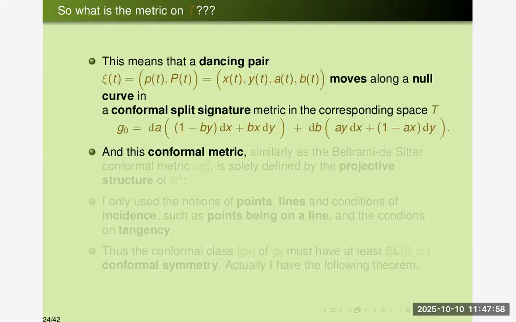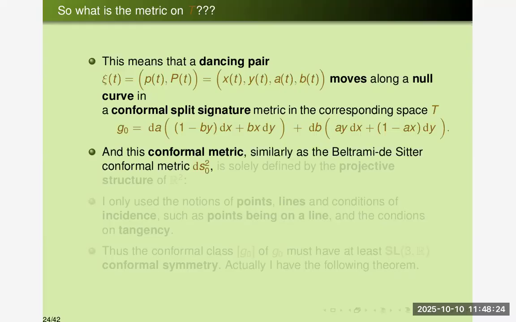And if you just look at this metric, it is of signature plus minus plus minus. So it's a split signature metric. It's a conformal metric of signature plus plus minus minus. I just created everything from thin air. I started with a disk. And now I have a conformal metric in 4 dimensions with split signature.